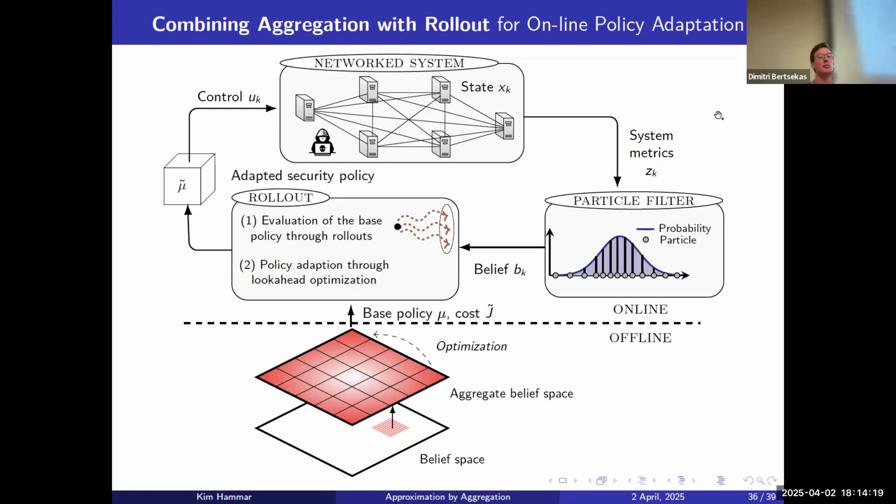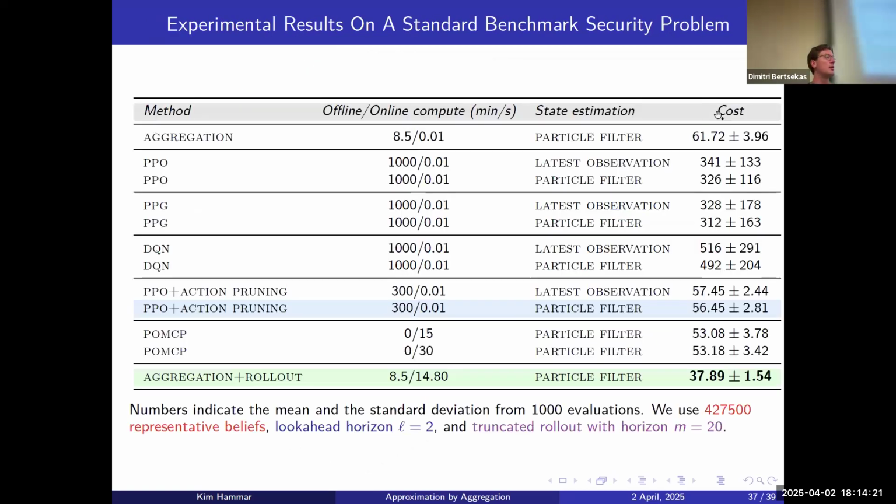And we applied this framework to a standard benchmark problem in the security literature. And right now, all of the state-of-the-art methods evaluated on this benchmark are based on deep reinforcement learning. So PPO, PPG, DQN, and so forth, as well as some methods based on Monte Carlo tree search, so POMDP.